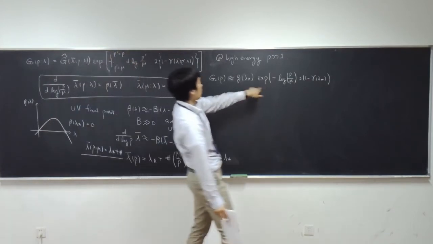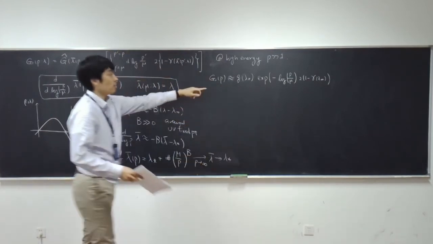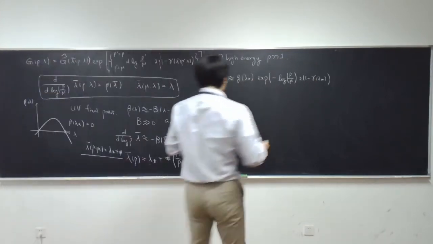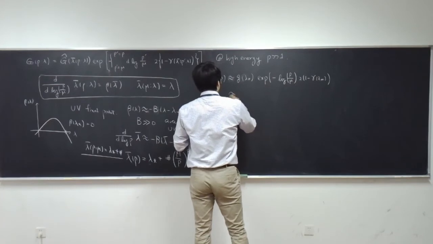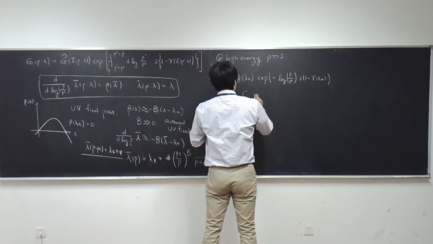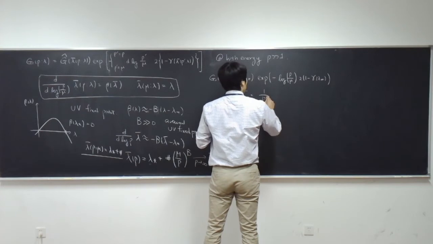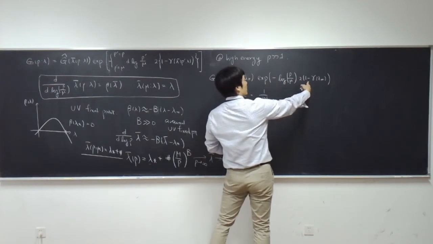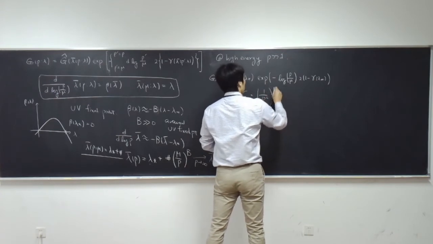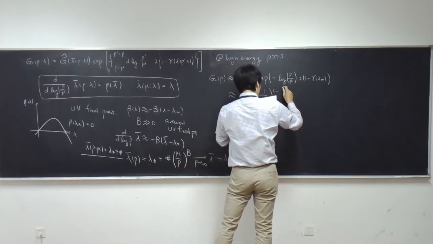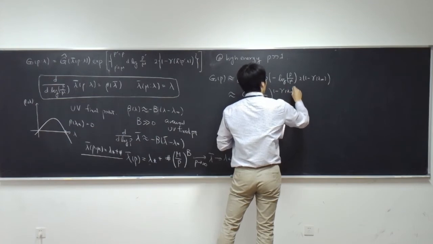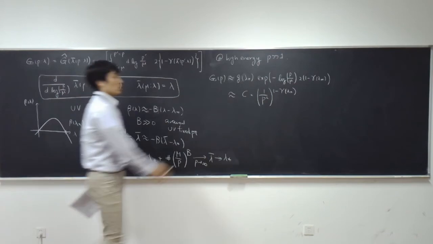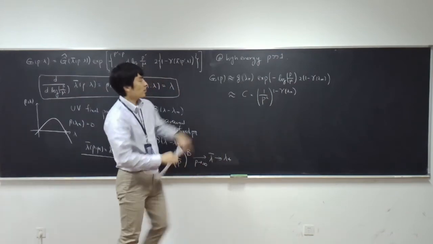So one can approximate the 2-point function in the following way, and this can be written as follows: C times 1 over P to the power, using the exponential and log, the exponent being 2 minus 2 gamma star. Okay, C is some constant.